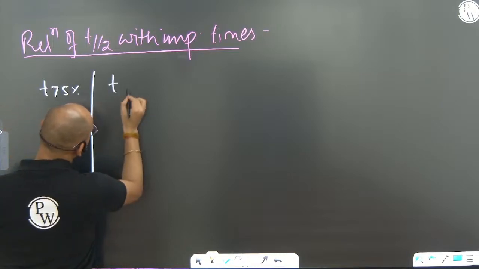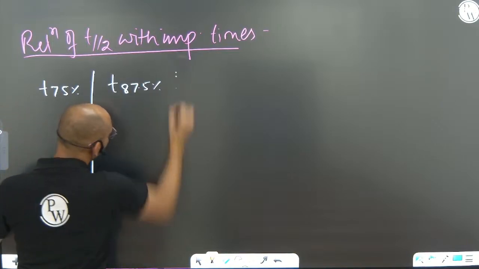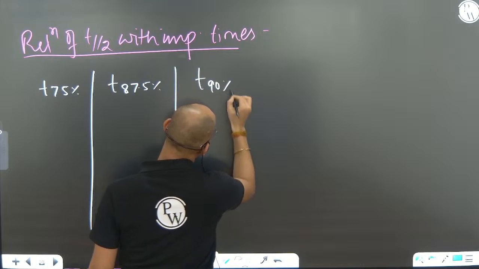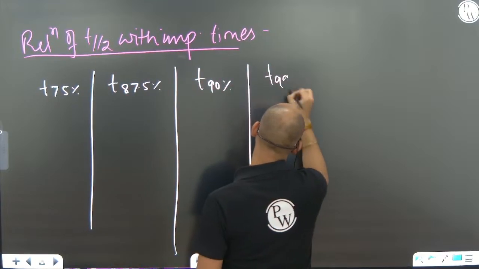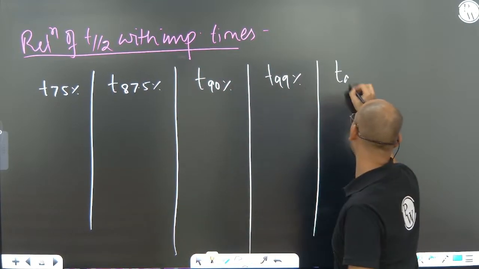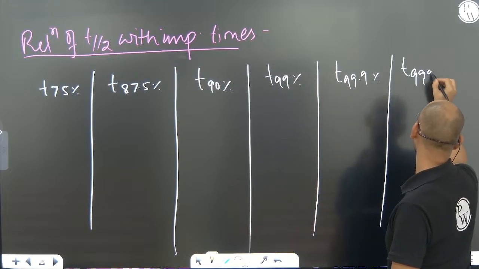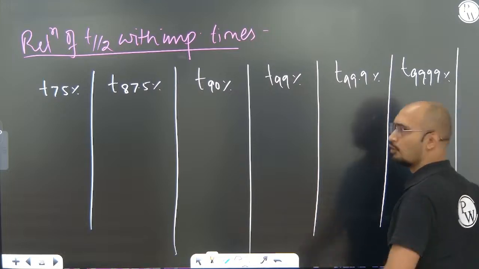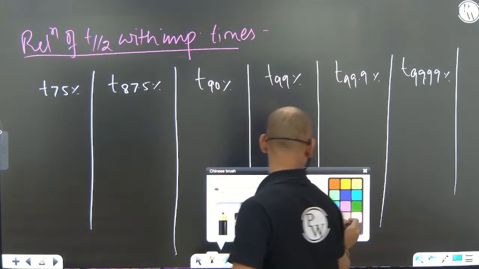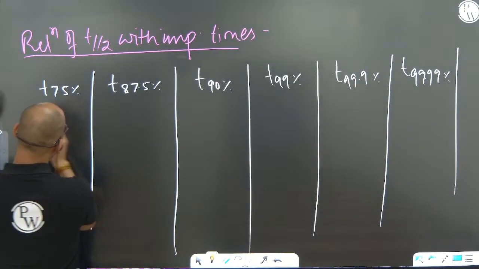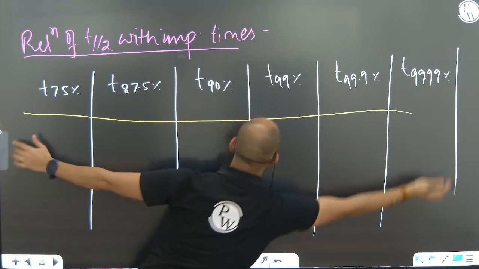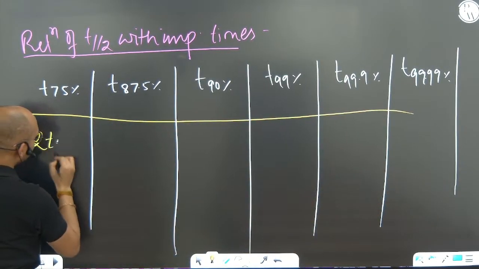T 75%, T 87.5%, T 90%, T 99%, T 99.9%, T 99.99%. I hope you understand where it is going. More and more 9s will keep on coming. Here it will be equal to 2 times of T half.